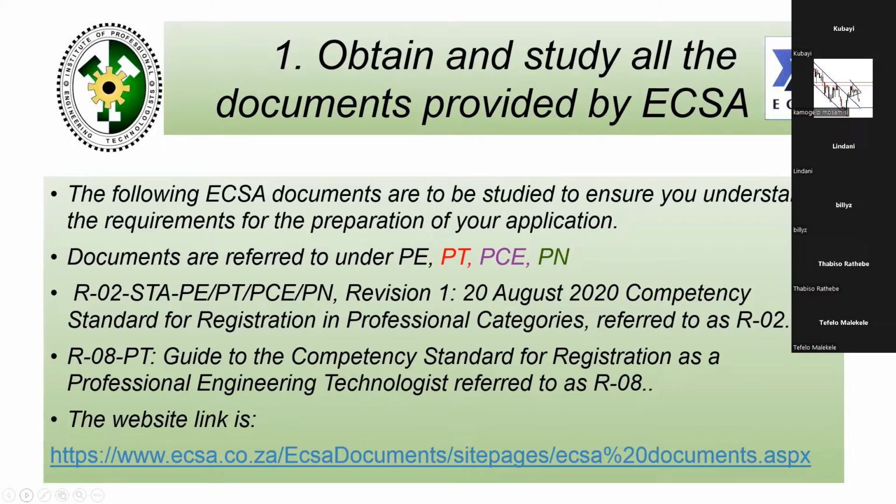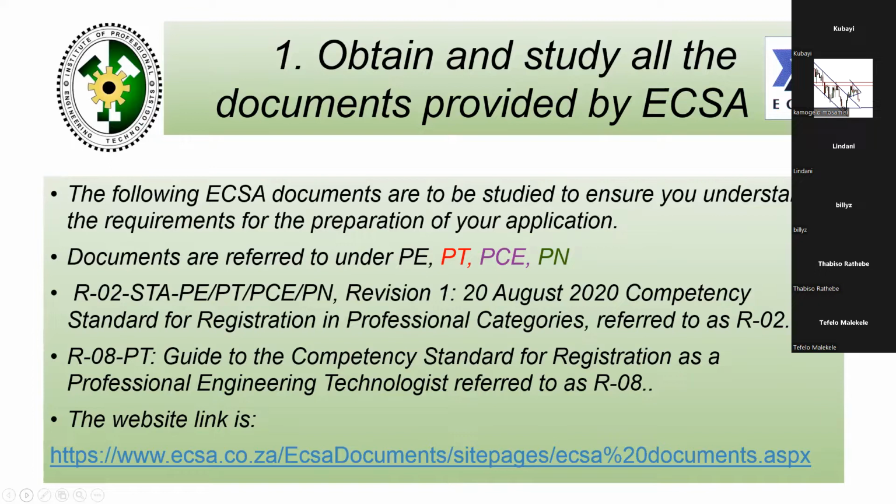That means if it's PE, it's for professional engineers. PT is for professional technologists. PCE is for professional certificated engineers. And don't call them certified engineers. They will be very upset because a certified engineer needs to be in an asylum. And then PN is for technicians.